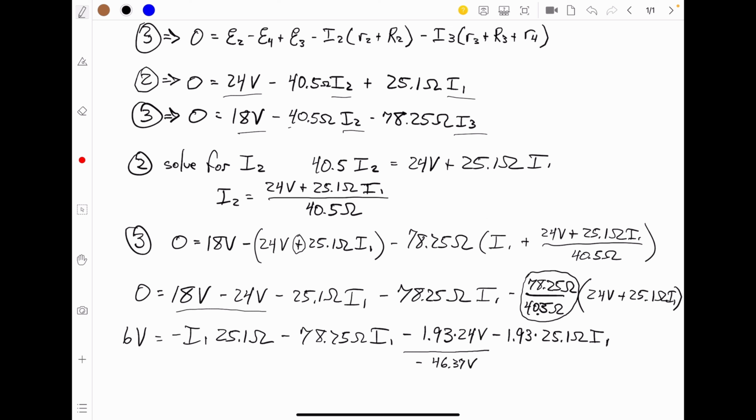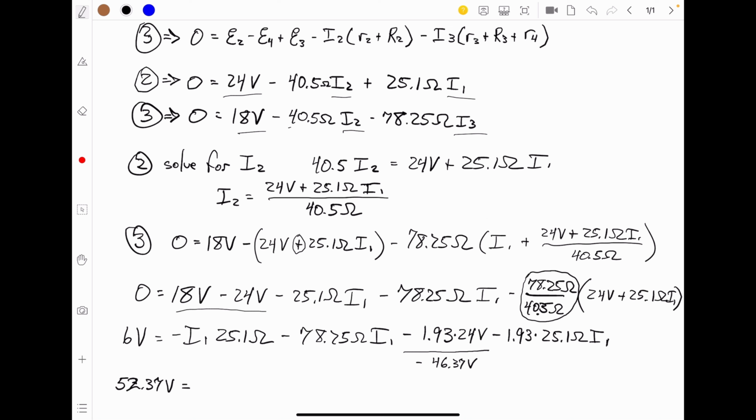But I'm not going to subtract off 46.37 volts there. I want to add them to the other side. So I'm going to add 6 volts to that, and I'll get 52.37. So on one side, I've got 52.37 volts, and that equals all the other stuff on the other side.